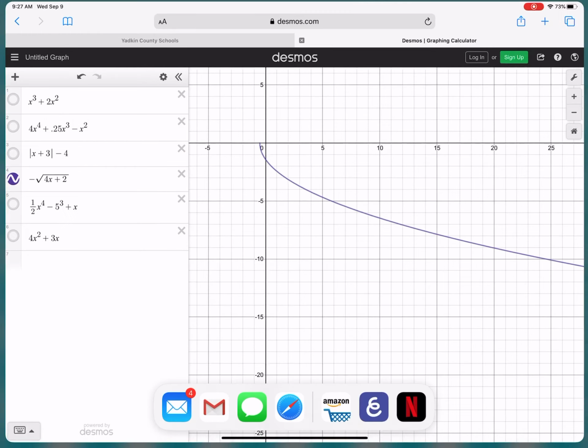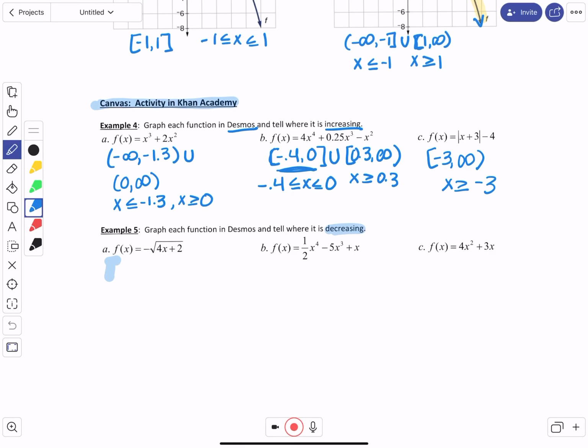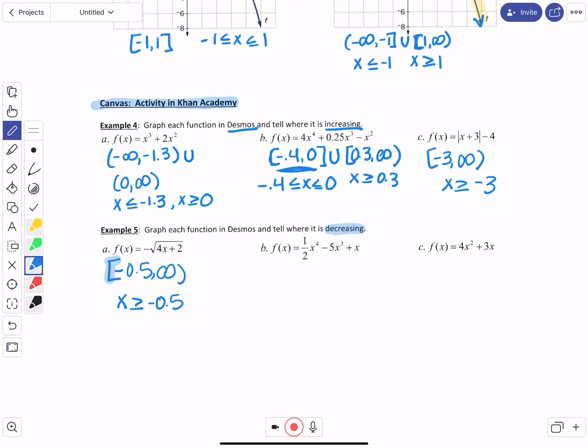So negative 0.5 to infinity. And so we'd say x is greater than or equal to negative 0.5 as an inequality. So you need to be able to read both.